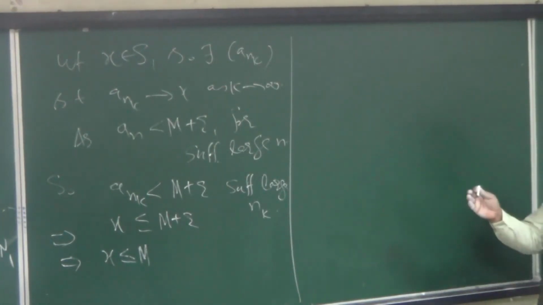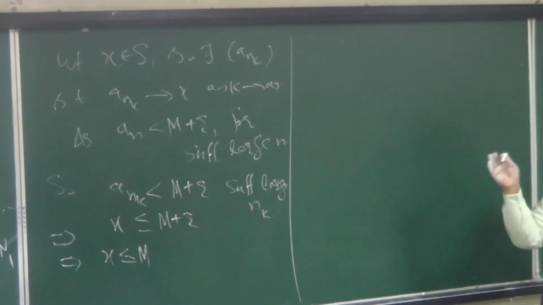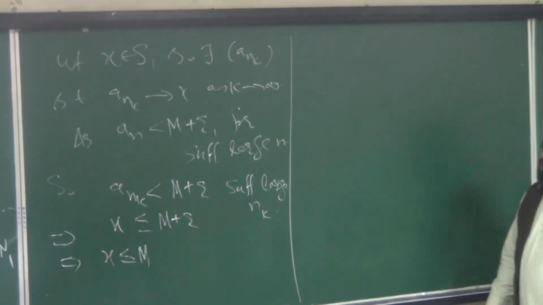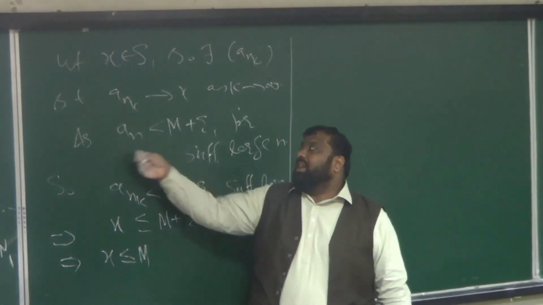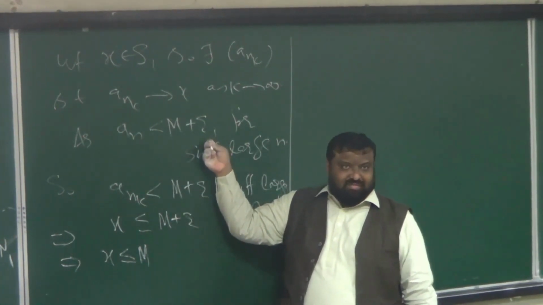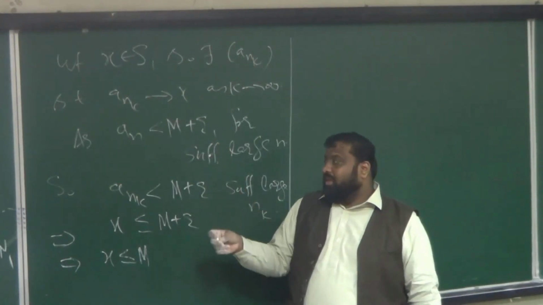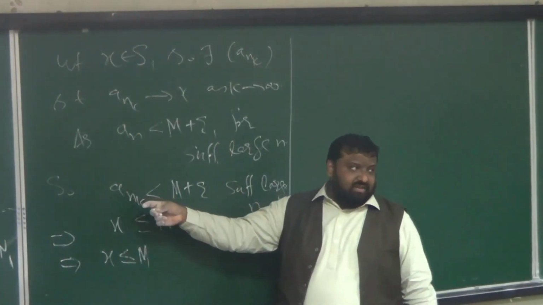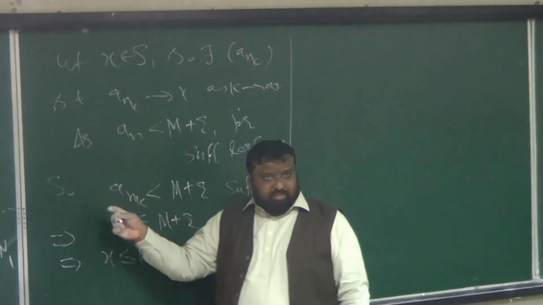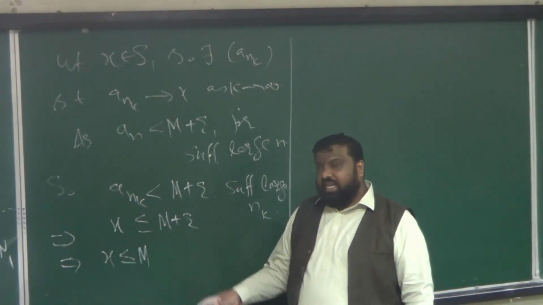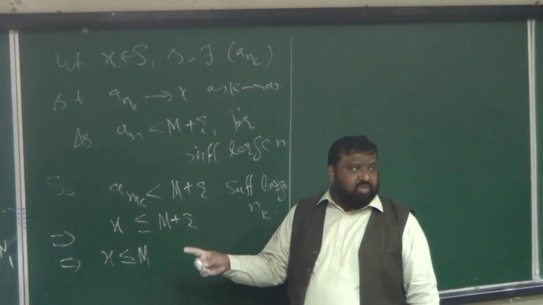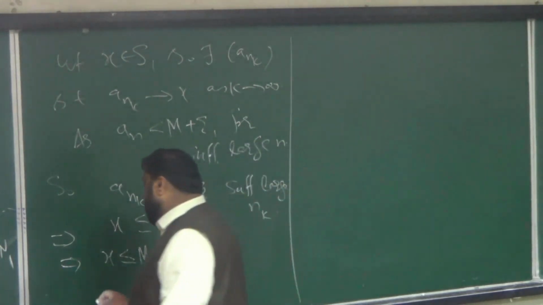And what do you think the argument for the other side should be? It's going to be something similar. So a_n is bigger than m minus epsilon. Okay. And then you're going to say that x is going to be bigger than or equal to m.